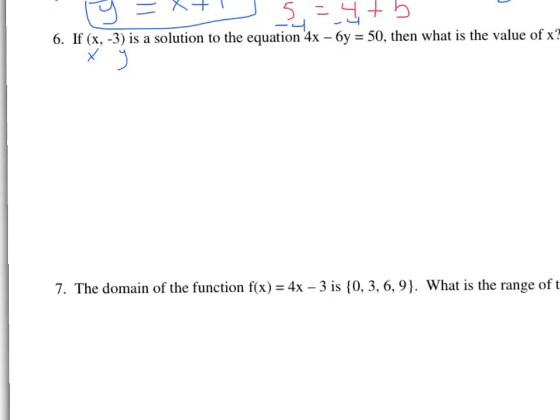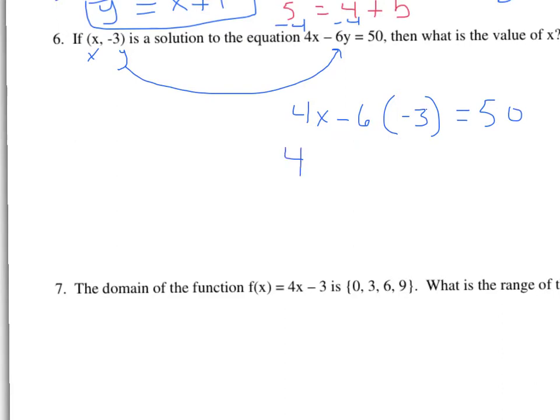So I'm just going to take that value and substitute it in right here where that y is. So the only thing I don't know in this equation is what the value of x is. So let's go ahead and substitute. We get 4x minus 6 times negative 3, because the y is negative 3. And that equals 50.